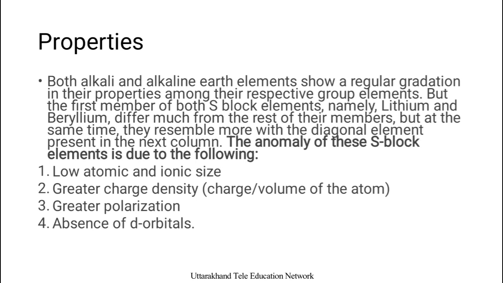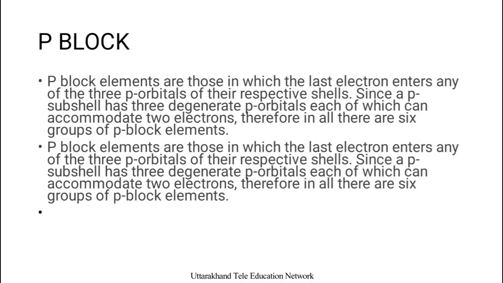Now come to the p block elements. P block elements are those in which the last electron enters any of the 3 p orbitals of their respective shells. This is the electronic configuration ns2 np1 to 6.